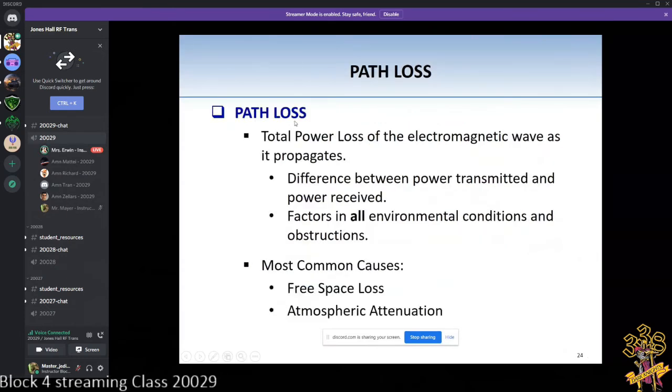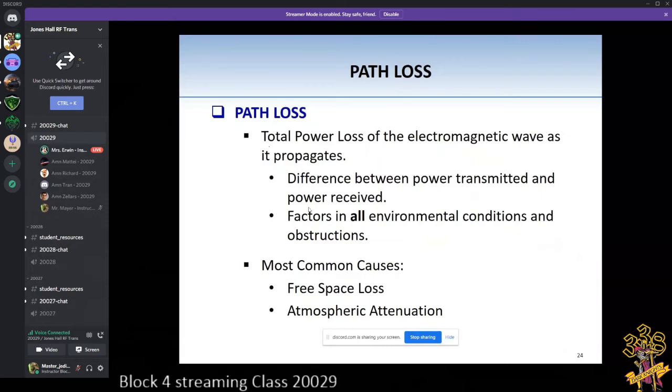Now, path loss, just plain old path loss, factors in everything. It is the total power lost between your transmitting antenna and your receiving antenna, regardless of what caused it. It's the difference between what you transmitted and what they received.